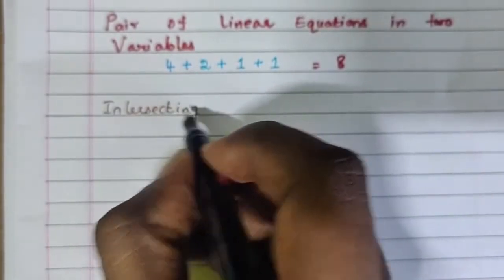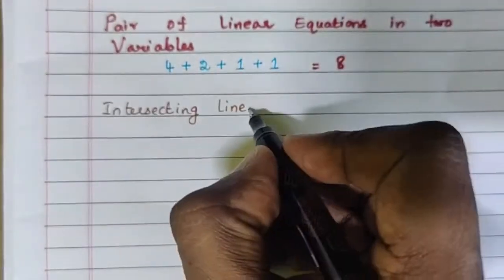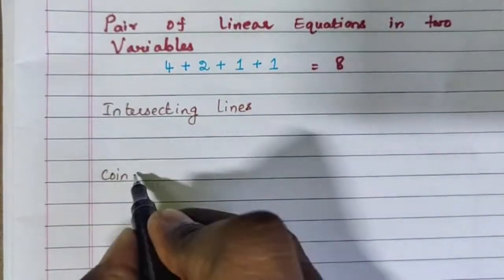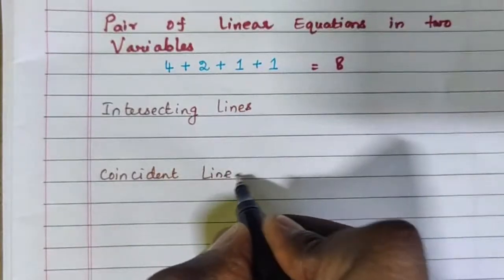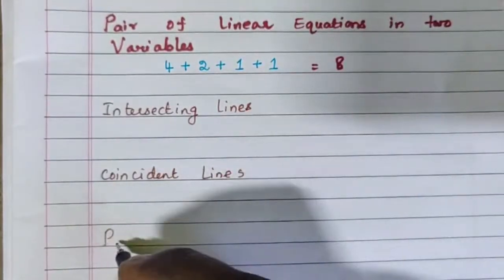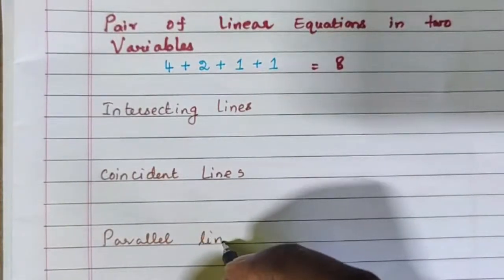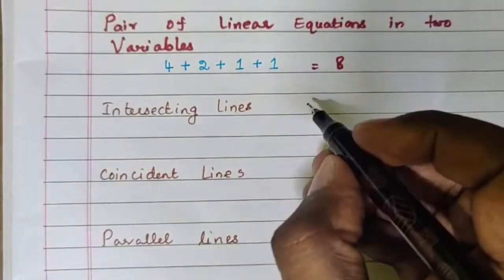What are the 3 types of lines we have? Intersecting lines, coincident lines and parallel lines. So for intersecting lines, what is the condition?